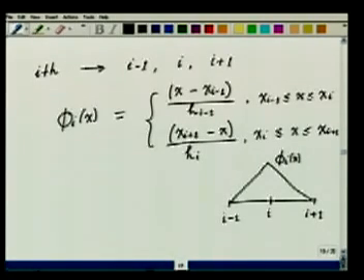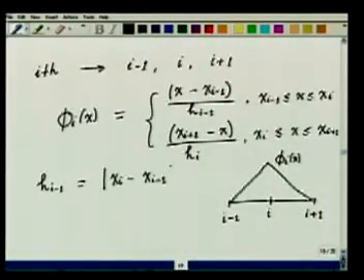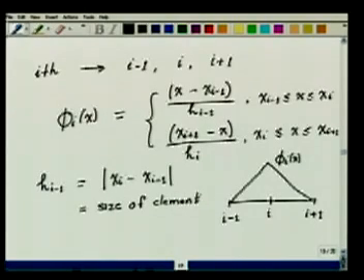What do we mean by this hi minus 1 and hi? So hi minus 1 is equal to xi minus xi minus 1. This is equal to the size of element I minus 1.